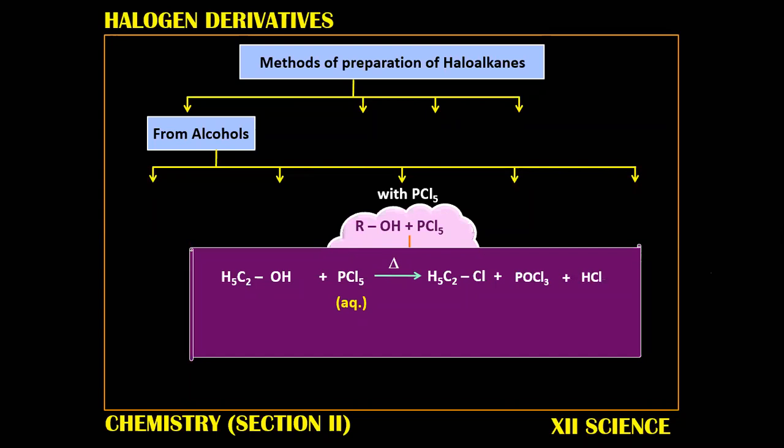Write both common and IUPAC names on both sides. Ethyl alcohol, ethanol. Ethyl chloride, chloroethane. I hope everybody has completed the reaction.